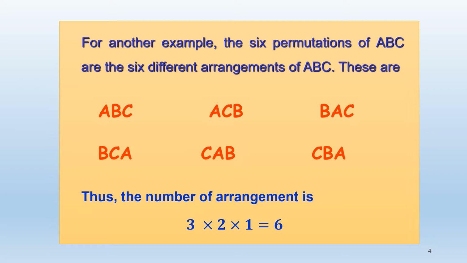So altogether we have six arrangements. How can we calculate the arrangement? Here we have 3, right? A, B, C. So we multiply 3 times 2 times 1. The number keeps decreasing. So you will get all 6 arrangement.